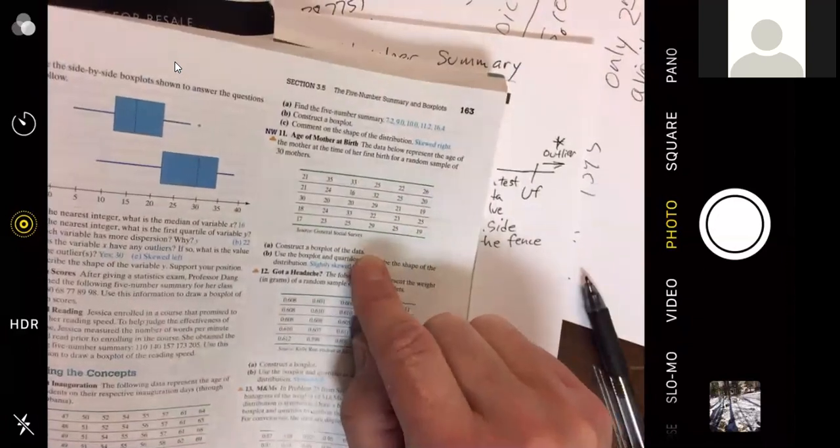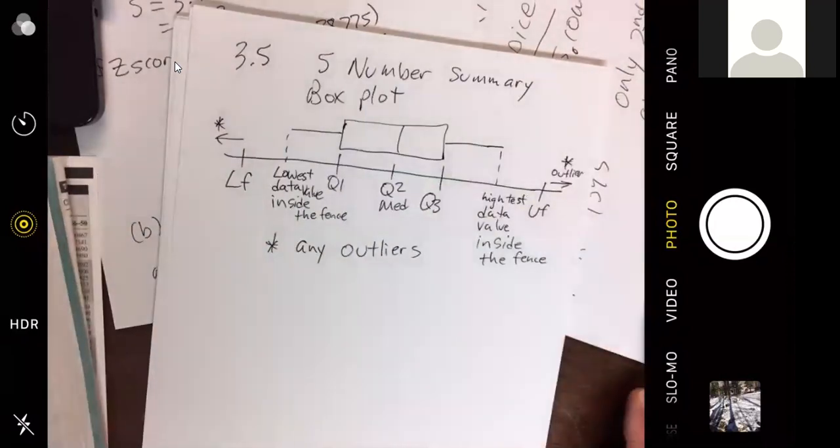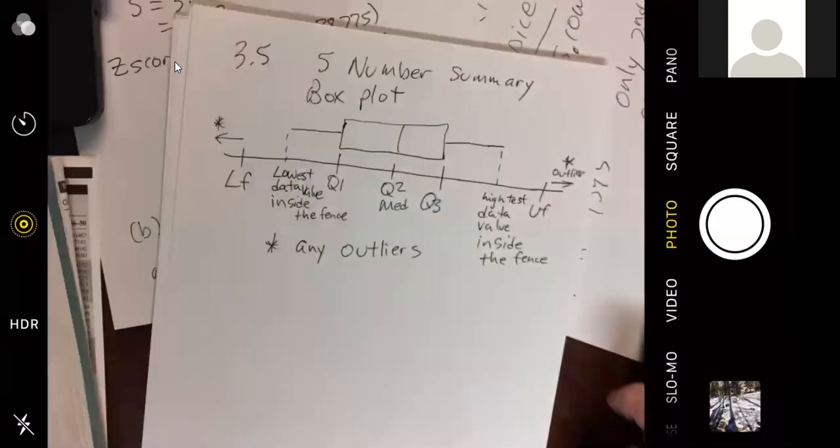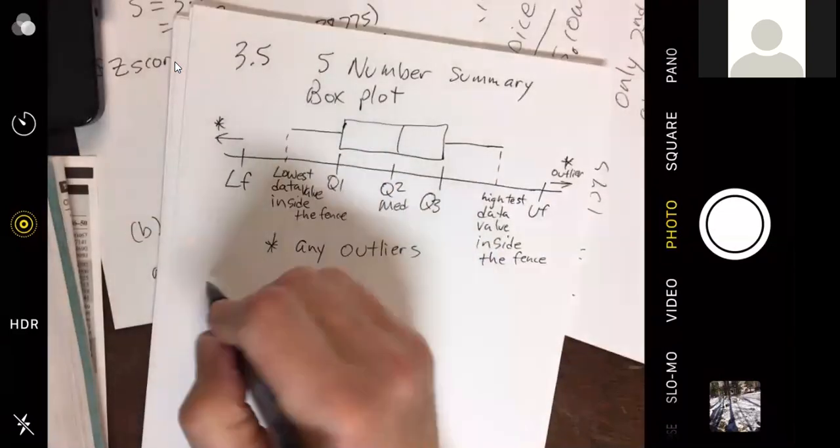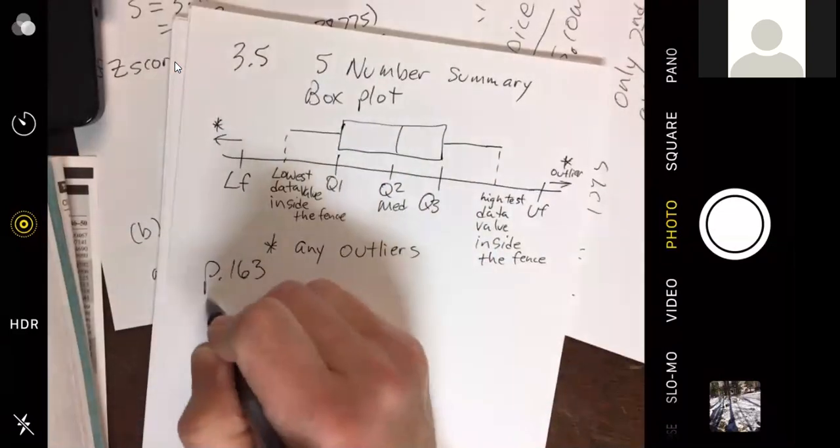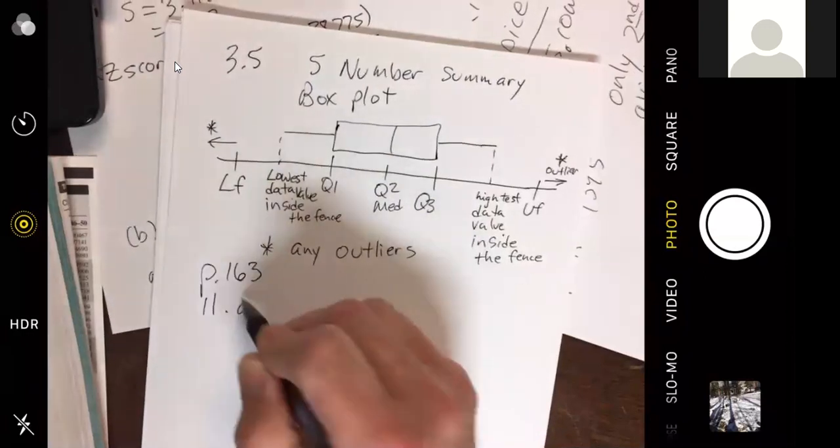Construct a box plot. I'll write down the 5-number summary too, because they asked for it in problem 9, just to remind everybody what the 5-number summary was. Do a box plot and then describe the shape. I won't write the numbers down here. Okay, this is page 163. Problem 11A, box plot.